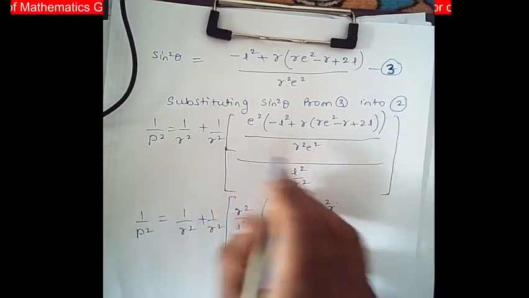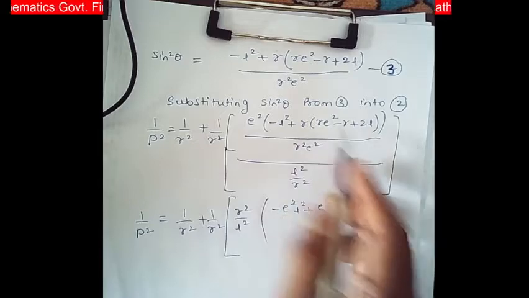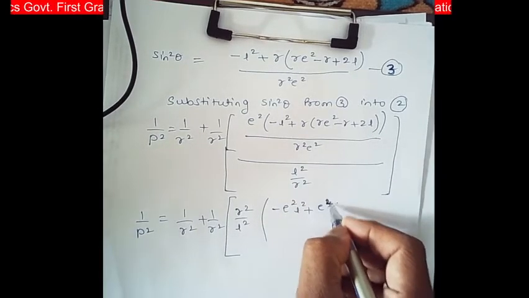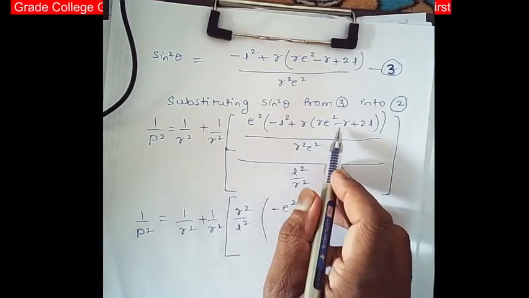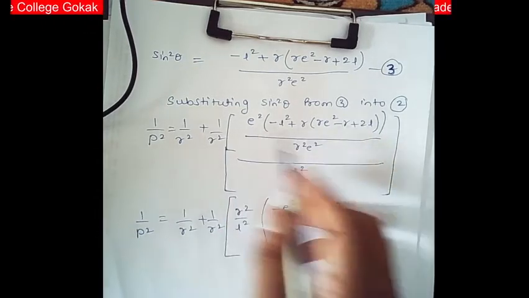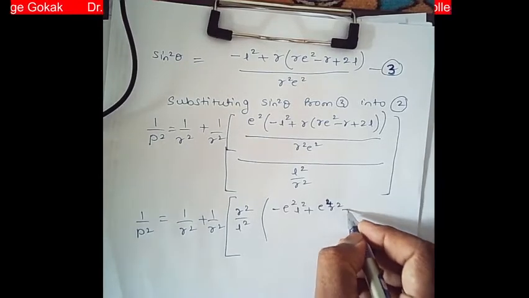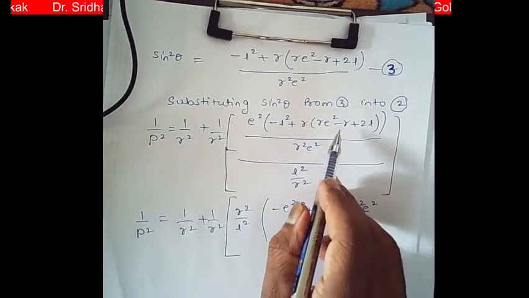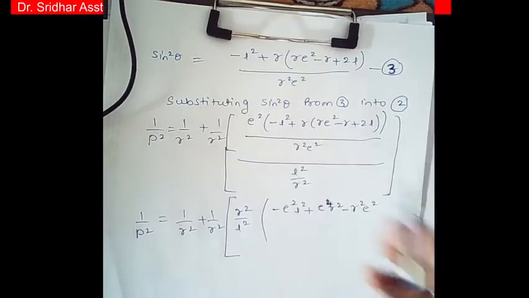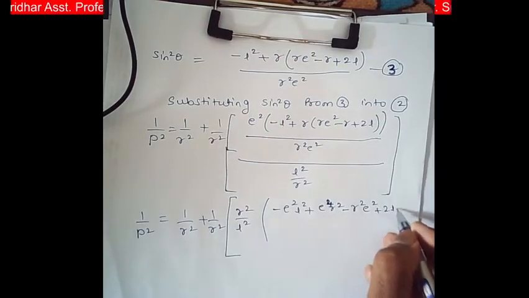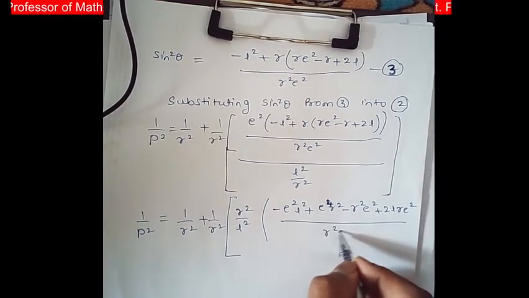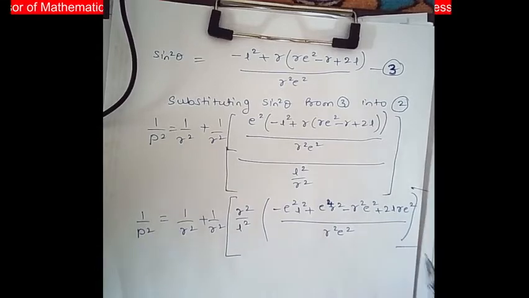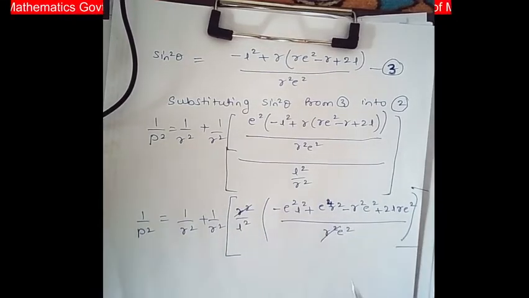Multiply e square r square into e square, e raised to 4 into r square, then minus r square e square, then plus 2lr into e square, whole divided by r square e square. So here r square gets cancelled, right?